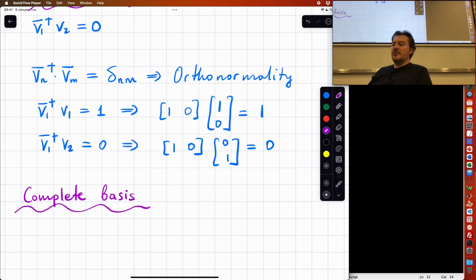I'm using it just as a shortcut. Instead of writing it as a long sentence, I just put delta nm. And you understand that when n and m are equal, it's 1. When n and m are different, it's 0. It's just a shortcut.